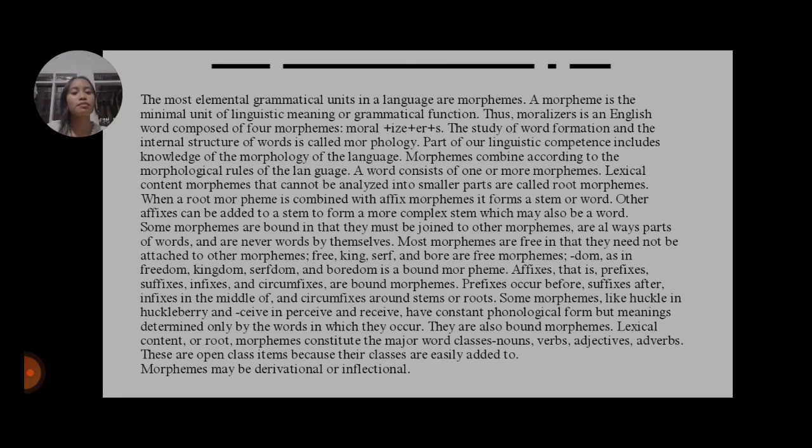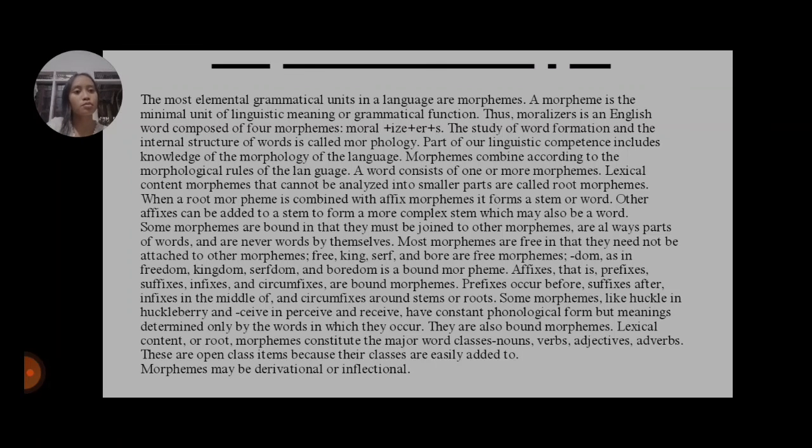Some morphemes are bound in that they must be joined to other morphemes, are always parts of words, and are never words by themselves. Most morphemes are free in that they do not need to be attached to other morphemes. Free, king, serf, and boar are free morphemes.